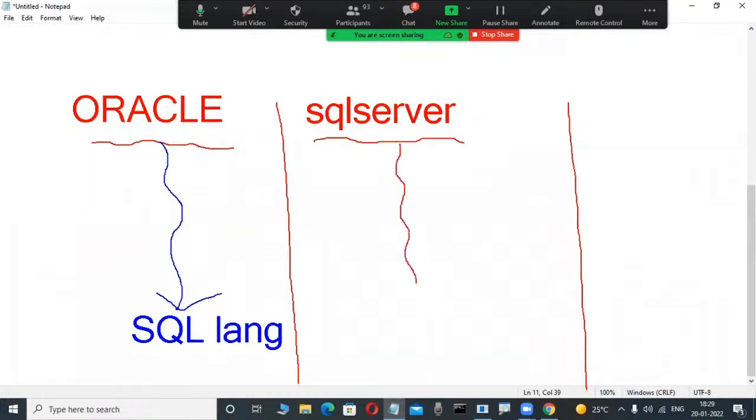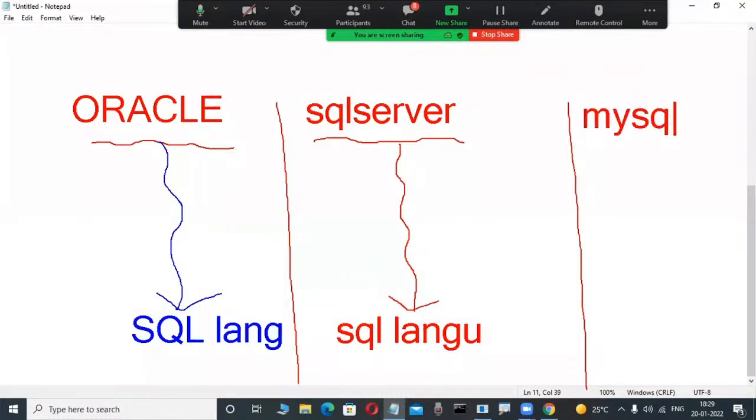That is also a database product, same as Oracle, but to operate that SQL Server, they are using one language only. What is that language? SQL is a language. Observe here, SQL is a language.